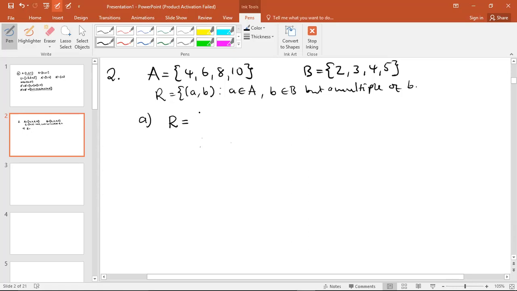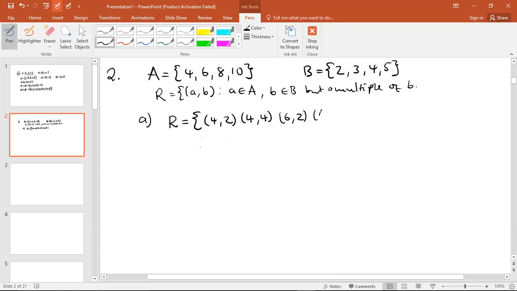So we'll start with 4, 2. Then is there another number that is in B that can go into 4? Then we can have 4, 4. So we are done with 4, no other multiple. Then we go to 6. So 6, 2, 2 can go in 6.